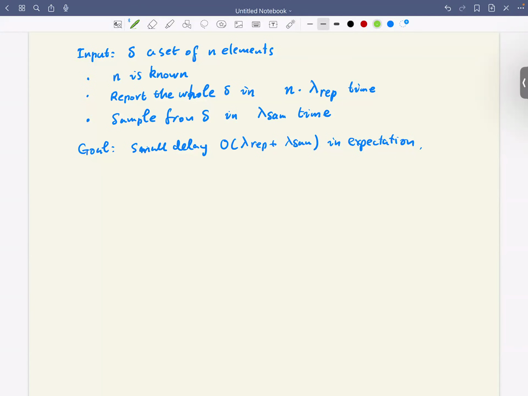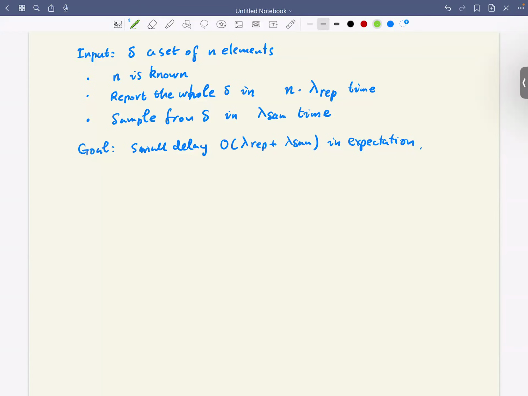If you look at this lambda rep, remember the value of n here is just out. So what is the value of lambda rep? It's bounded by a constant. Now, finally, for the third bullet, this is quite obvious. This is something we talked about previous week. After linear time, you are able to build a structure to support the sampling operation in constant time. So lambda sam here is also a constant.